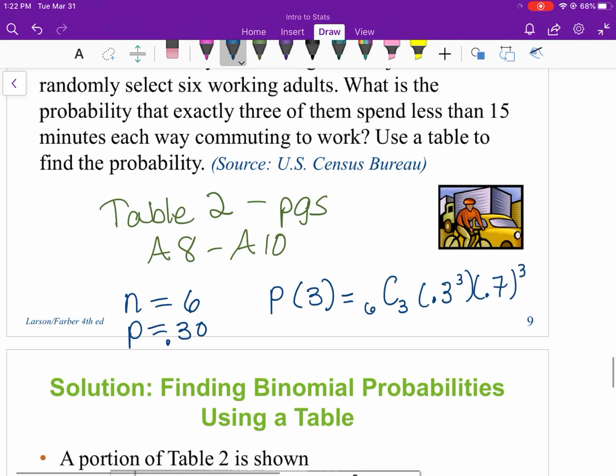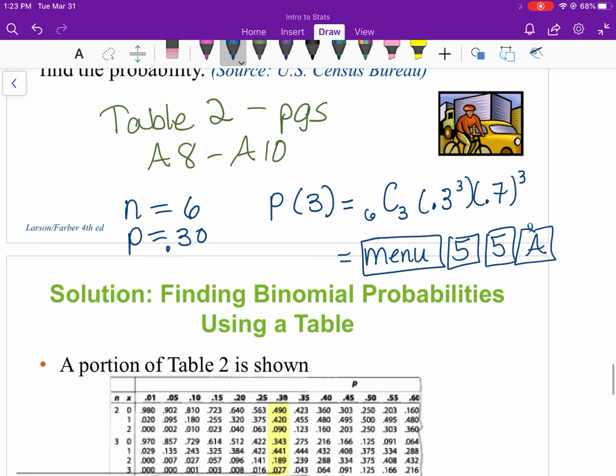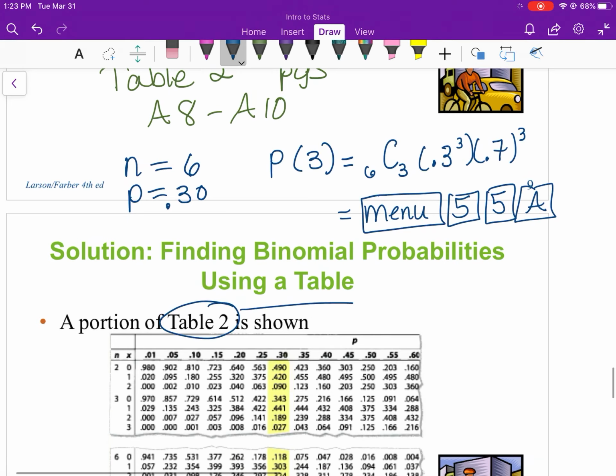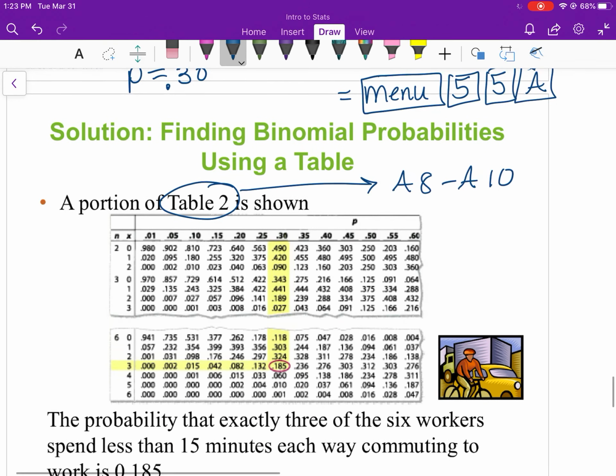Now, the old way, again, would be to do this. The new way is to use your graphing calculator, which is menu 5, 5A. And the third way is to use the table. Again, table 2, pages A8 to A10. And what you're going to do is look up your N in the far left column, so it's 6.